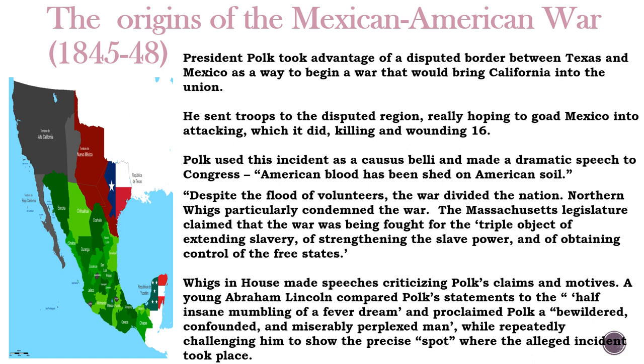So he was trying to goad Mexico into attacking, which it did, killing and wounding 16. So he could take this back to the U.S. Congress and the public and say, American blood has been shed on American soil. And, paraphrasing him, we cannot allow that insult and that tragedy, that murder, to go unpunished.